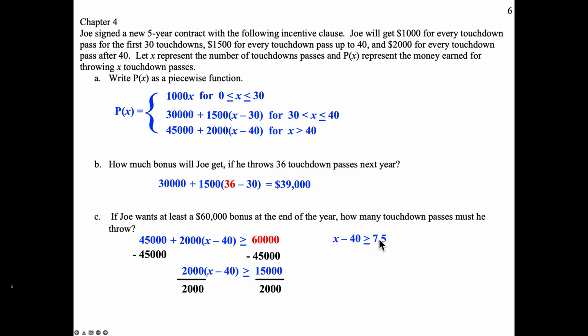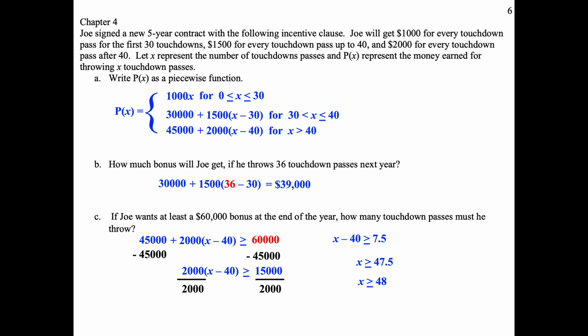That's okay. Don't panic. Add over the 40. He has to throw at least 47.5 touchdown passes. Well, again, you can't throw half a pass, so we're going to have to round this up to 48. So he has to throw 48 or more touchdown passes to earn at least a $60,000 bonus.